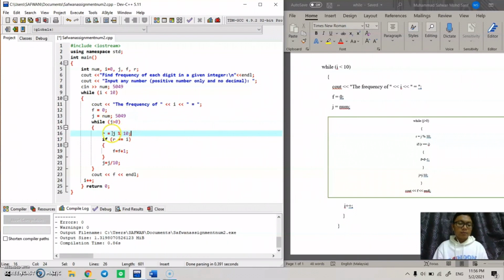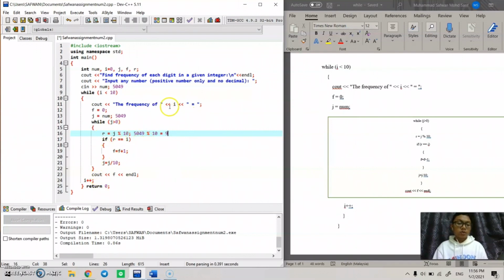And in this particular part, we take 5049 modulo 10. It will give us the remainder of 9. Since 9 is not equal to 0, which is i, we will not add to the frequency, which is initialized as 0 first. So the frequency of 0 at this part is 0.